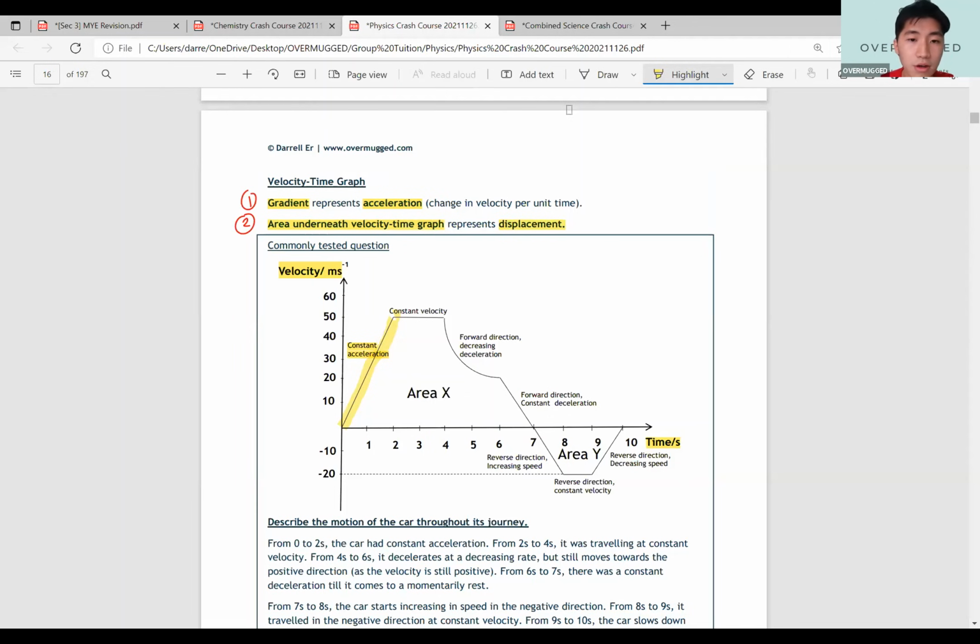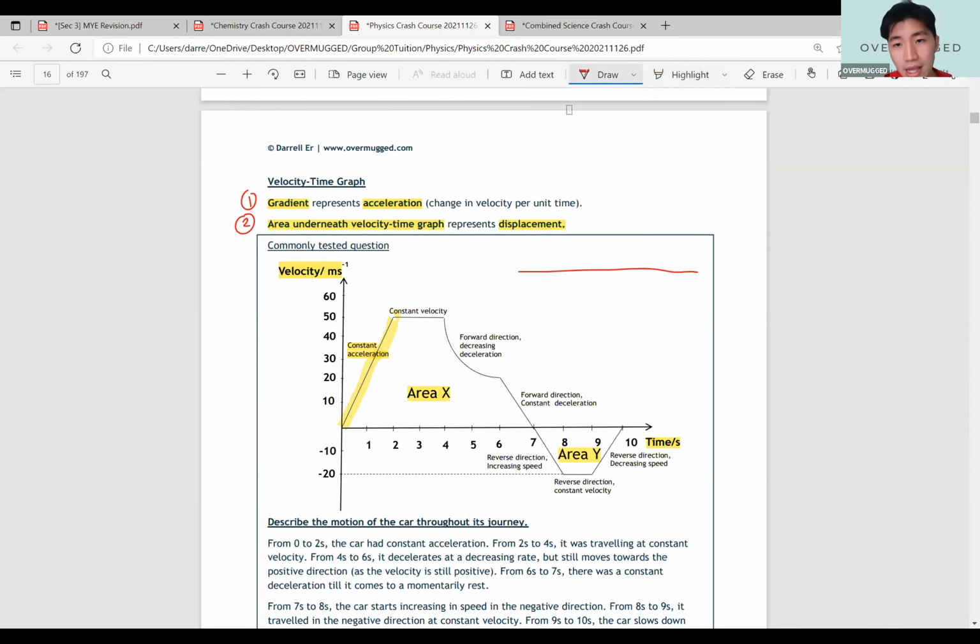I want you to focus on this first portion, area x. Can you see in area x, everything is in the positive range, above the x-axis? This means that any part of area x is about the car moving in the forward direction. Meanwhile, in area y, it is below the x-axis, which means it's moving in the reverse direction.